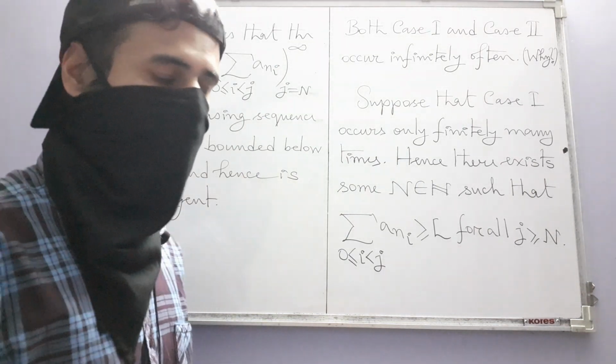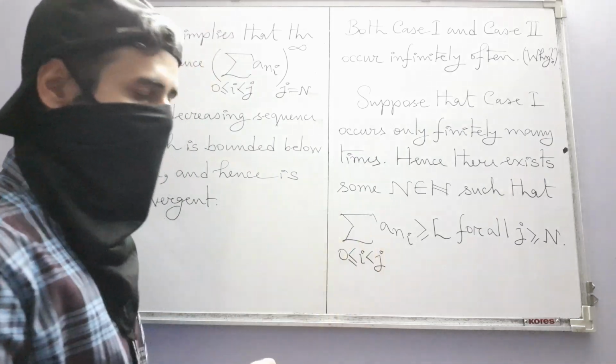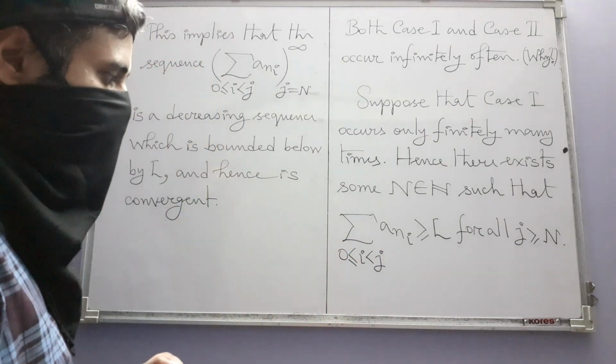I can consider n, okay, no problem. But why does this imply that this sequence is decreasing?